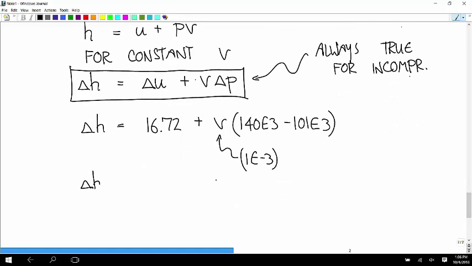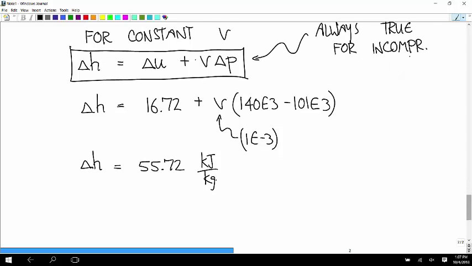Do that calculation and I get that the specific enthalpy is equal to 55.72 kilojoules per kilogram. And so the extrinsic enthalpy, capital H, is equal to 2 kilograms times 55.72, which is equal to 111.44 kilojoules.